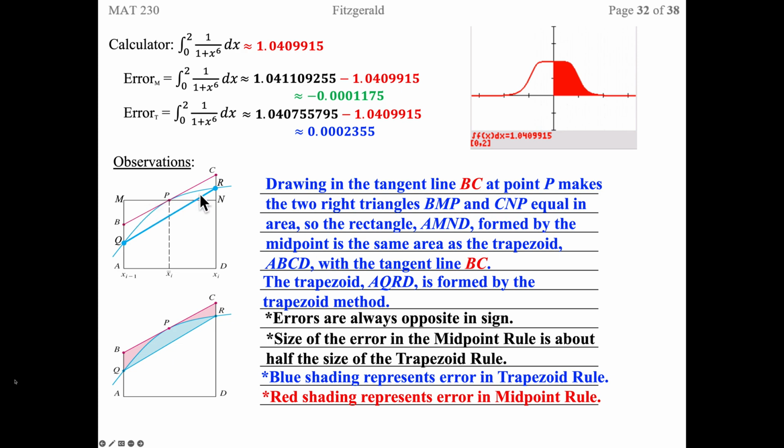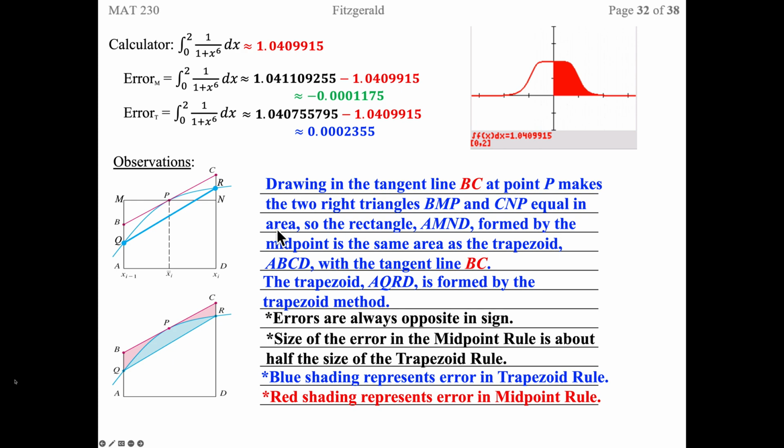In fact, they're going to be congruent. So what we form now is AMND. That midpoint rectangle is the exact same area as trapezoid A, B, C, D. It's like we cut off this right triangle here and we spun it around 180 degrees until it landed right here, and it's the perfect match.